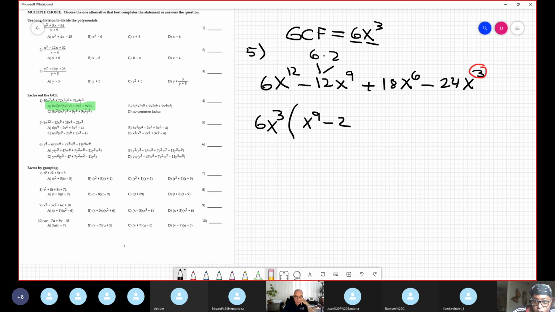And this 6 out, stay only 2 x to the 6th power because 9 minus 3 is 6. Plus 3, because in my mind I'm working like 6 times 3 x to the 3 because 6 minus 3 is 3. And here exactly the same, 6 and 4 and minus 4. No x because I factor out x cubed. It's exactly the same amount I have in the last term.